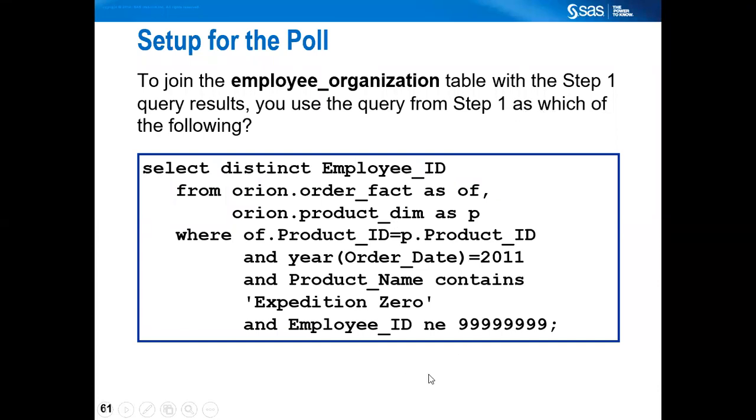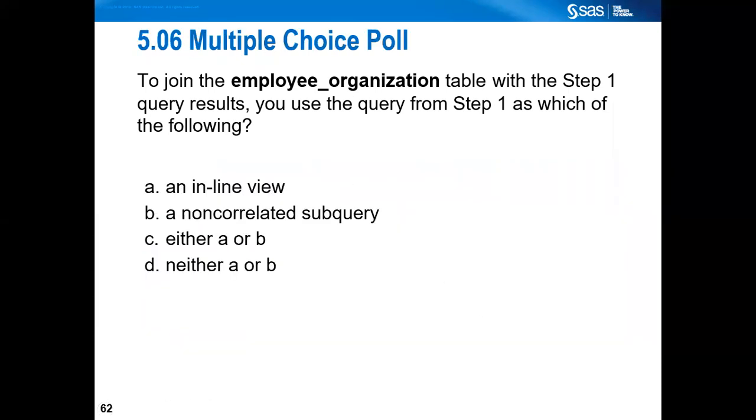So this was your first step query where you got the employee ID which performed the sale for expedition 0. With this query, how are you going to join your employee organization table? Is it that you will use it as an inline view, or as a subquery, or a non-correlated subquery, either A or B, or neither A nor B?